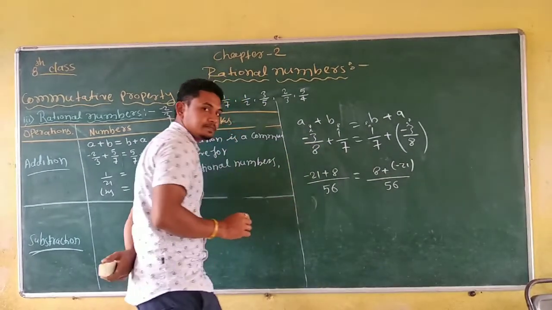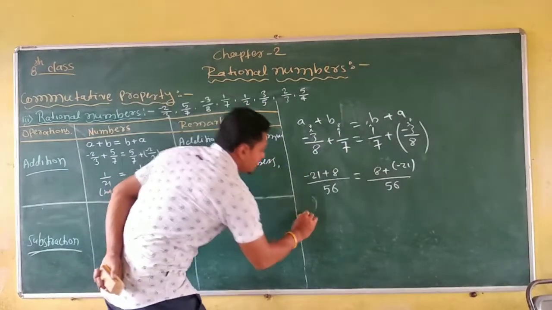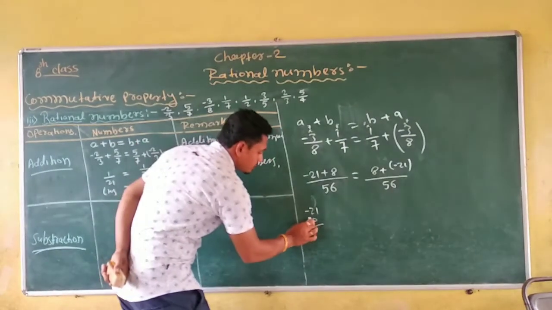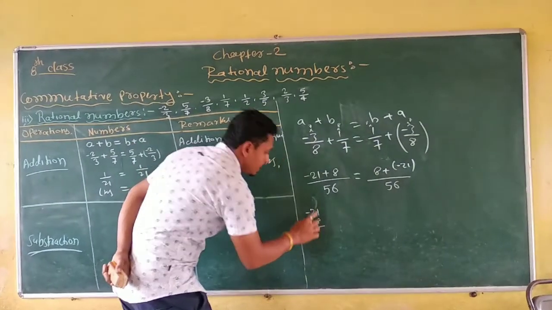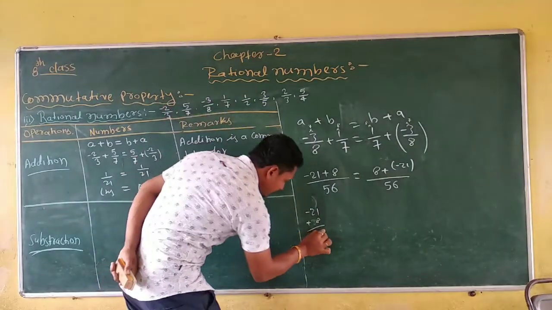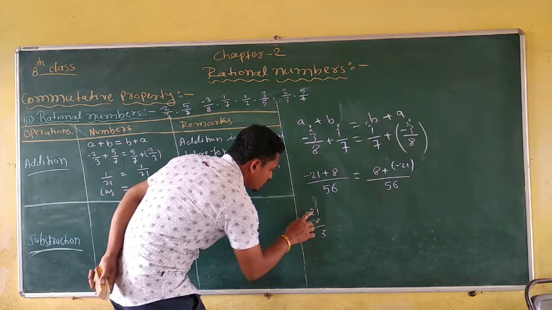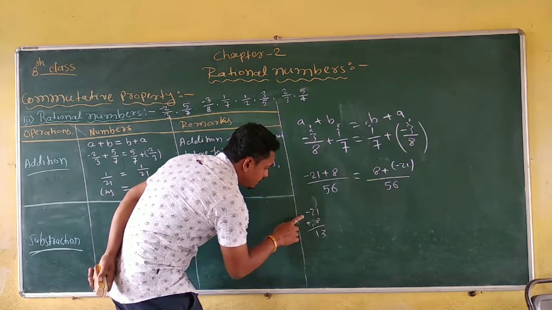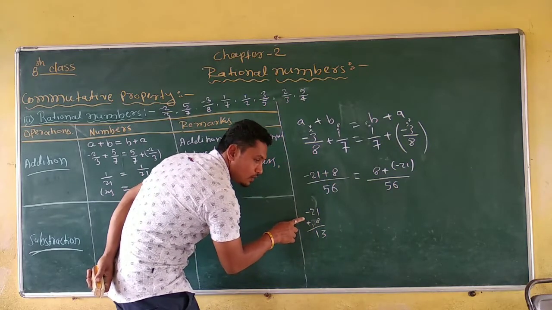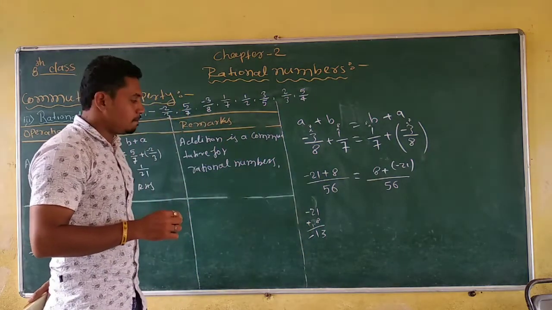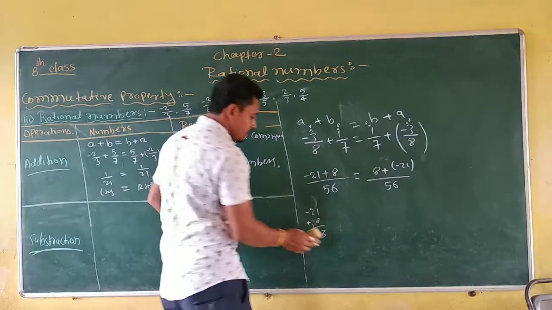Therefore 11 minus 8 is 3, 2 minus 1 is 1, and the greater value has the minus sign. So minus 13.